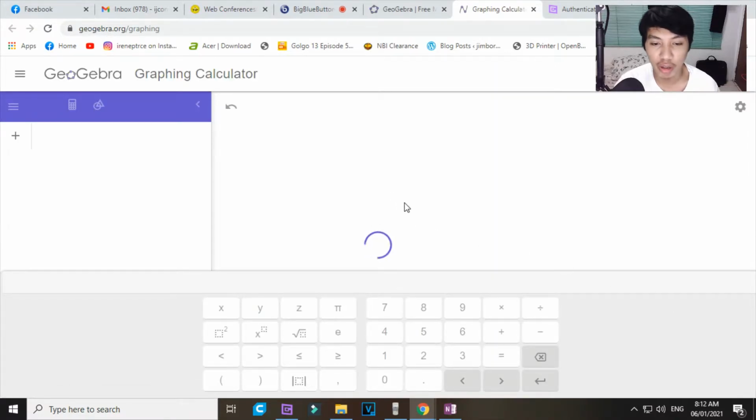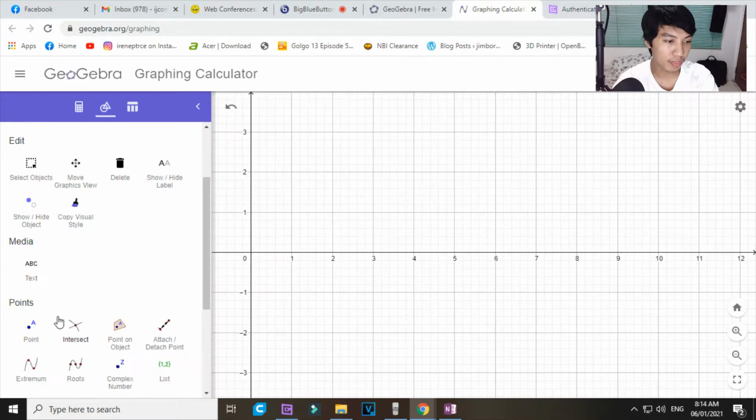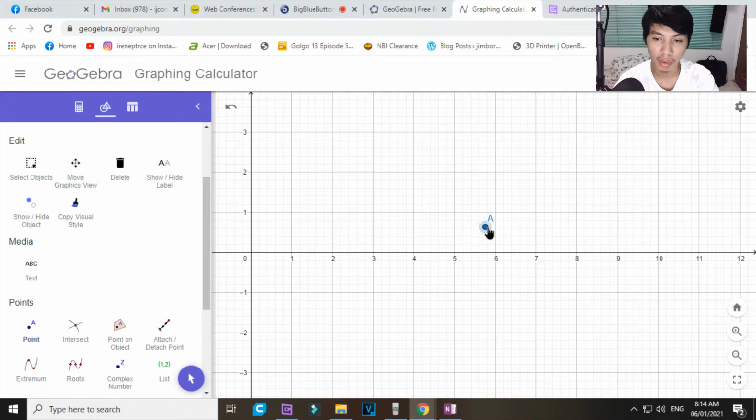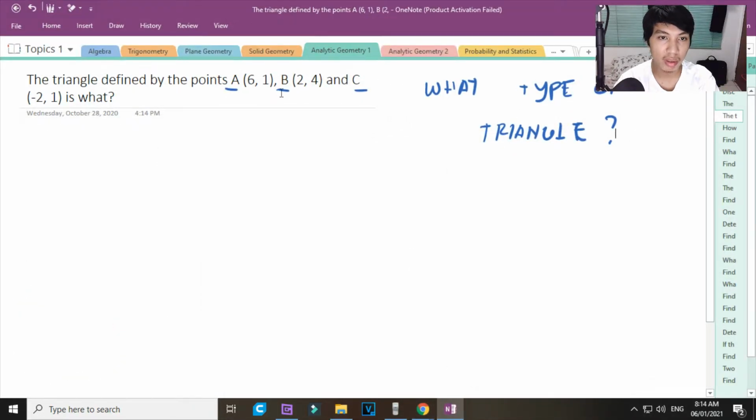So, we can calculate the distances niya. So, point A, lagay mo dito. 6, 1, ayan. Another point, point B. Tignan nga muna natin dito. 2, 4.